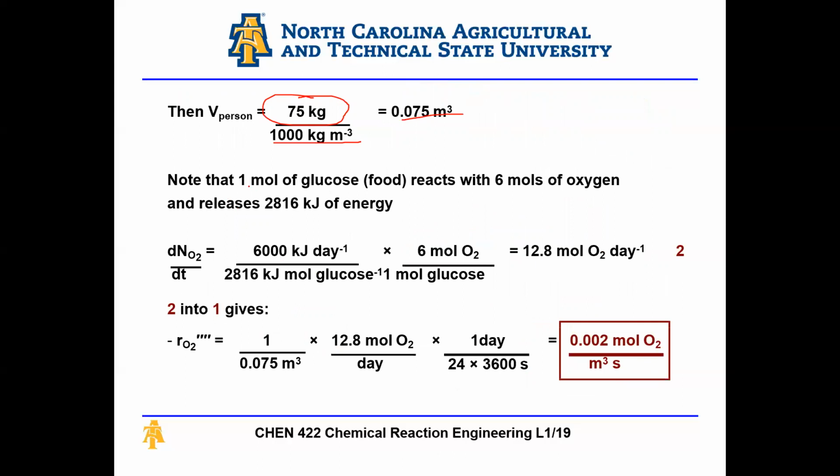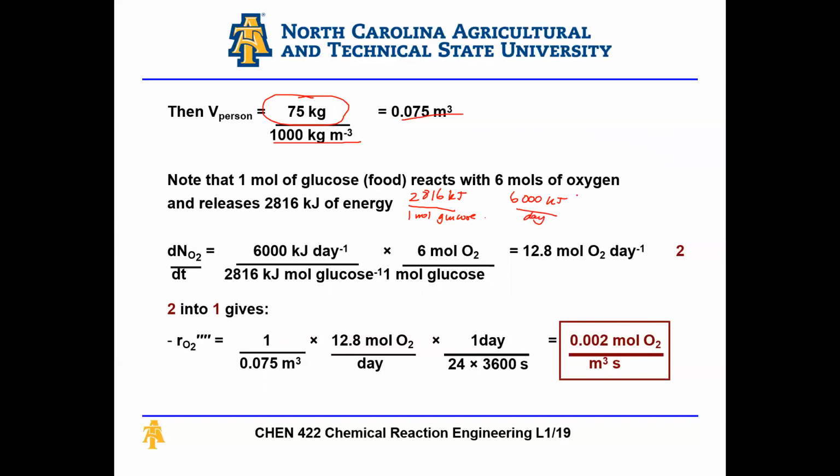You're told that 1 mole of glucose reacts with 6 moles of oxygen and releases 2816 kilojoules of energy, right? And this is basically the enthalpy of your reaction, which was written up there, 2816 kilojoules per 1 mole of glucose. And you're also given that he consumes 6,000 kilojoules per day.